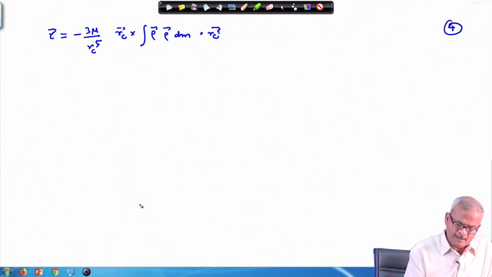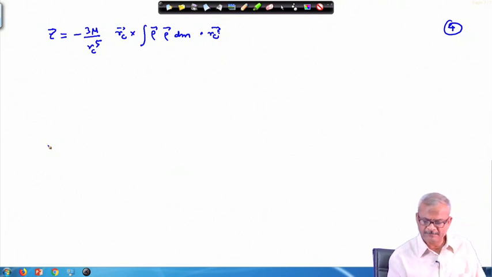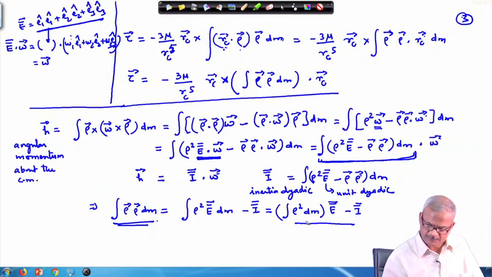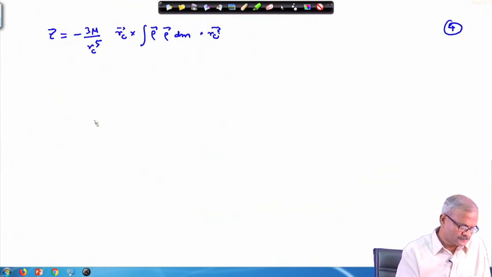Okay. Moreover, we use the result that we have derived on the previous page. I mean this result we can use, we need to replace it. Okay.